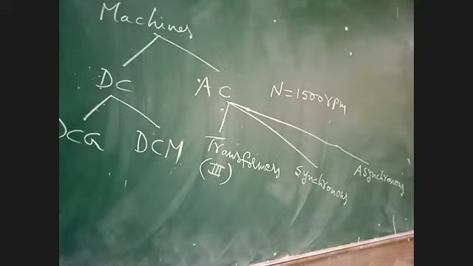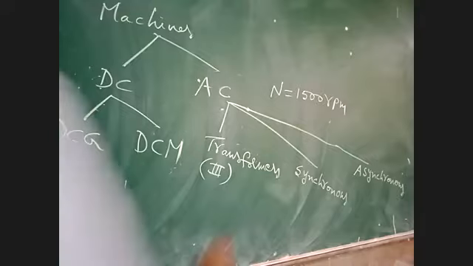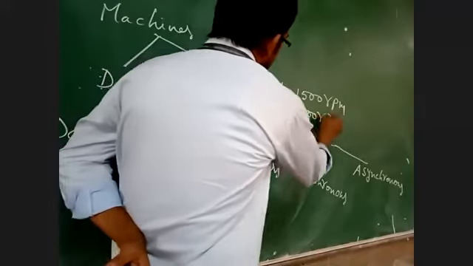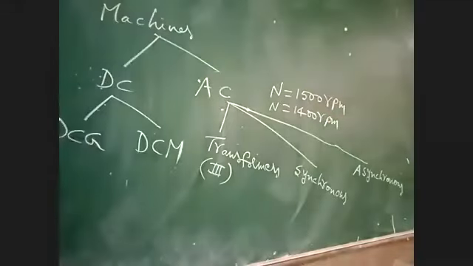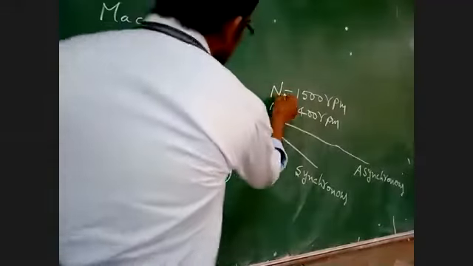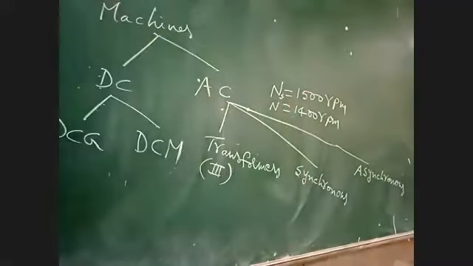Now, the manufacturer has given this speed. When you come to your home and run the motor, let us say it is not running at 1500 RPM. It is running at 1400 RPM. Manufacturer has given the speed ns.